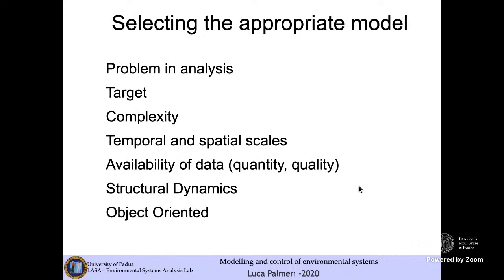For example, if our problem is an eutrophication problem, then, of course, you will need nutrient concentration, chlorophyll A concentration, interaction between temperature and chlorophyll A production, and so on. So it will be the problem in analysis that will give you the first indication of how to select the appropriate model. The second point is that of the target of a model.